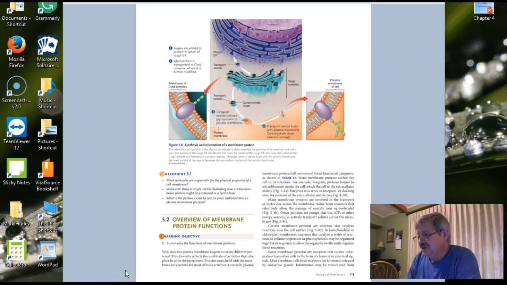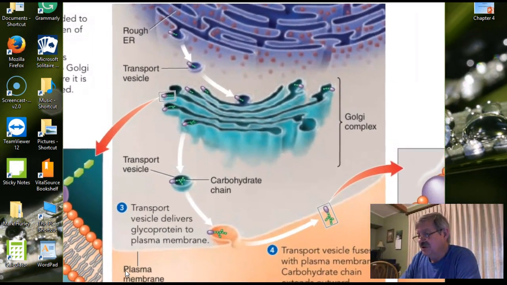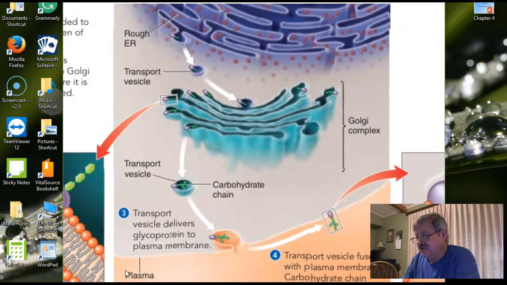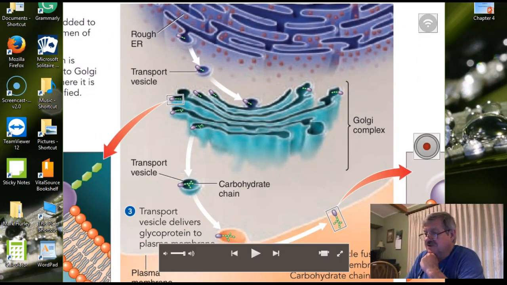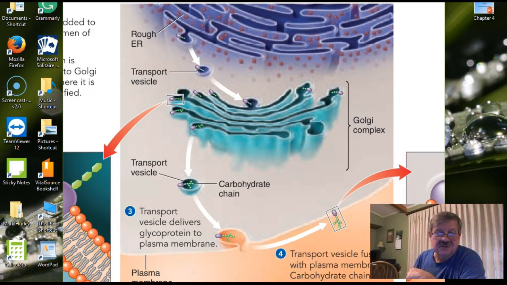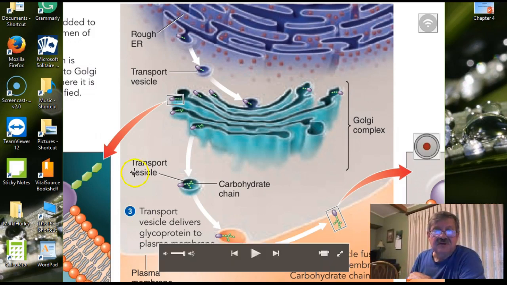We looked at this idea of manufacture of these glycoproteins that will fit into the plasma membrane, and getting these glycoproteins into the right orientation begins way back here in the manufacturing process. During this process the sugar chain is oriented to the inside of the endoplasmic reticulum, then the inside of the vesicle, inside of the Golgi complex, once again to the inside of the vesicle.